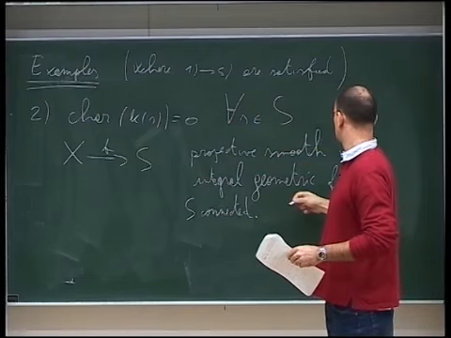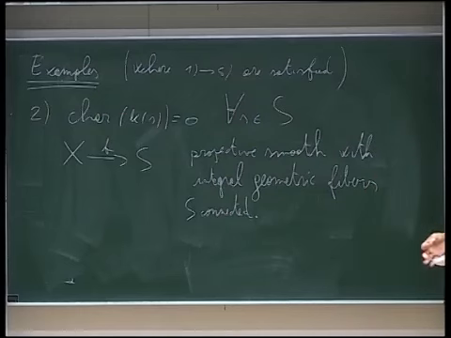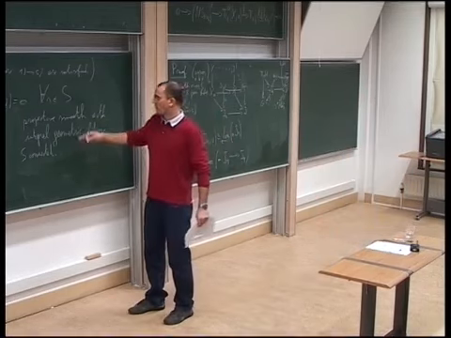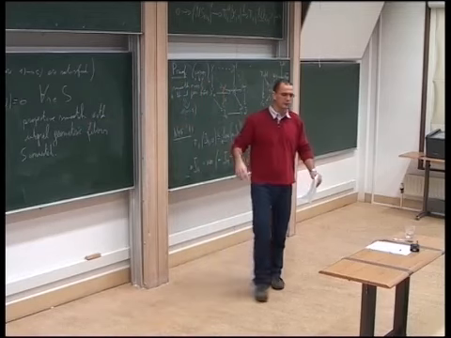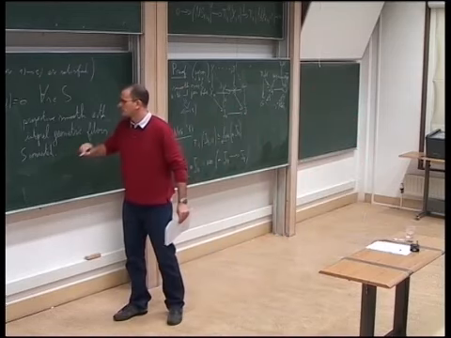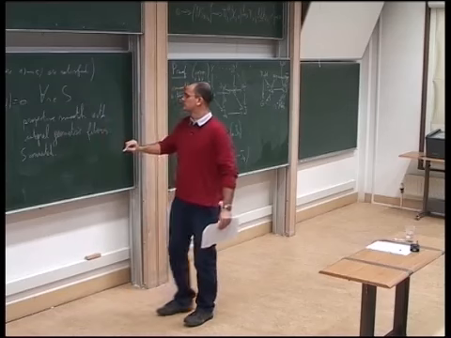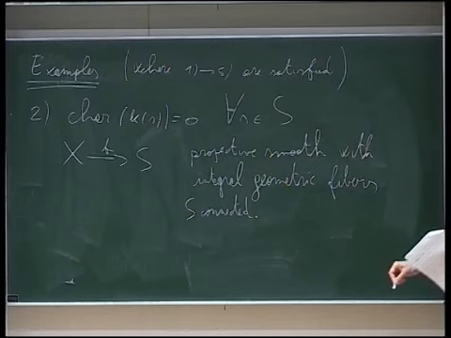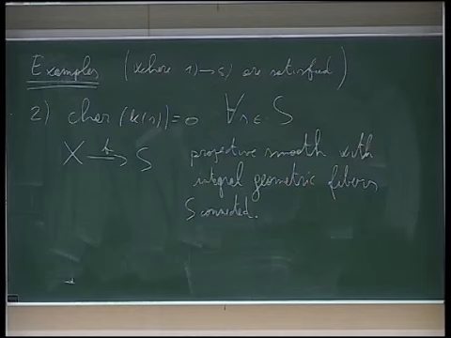For example, point 1 is satisfied because the geometric fibers are reduced, so f star OX is isomorphic to OS universally. I just want to say one thing in this case. In general we need Pic 0 to exist and be an abelian scheme.